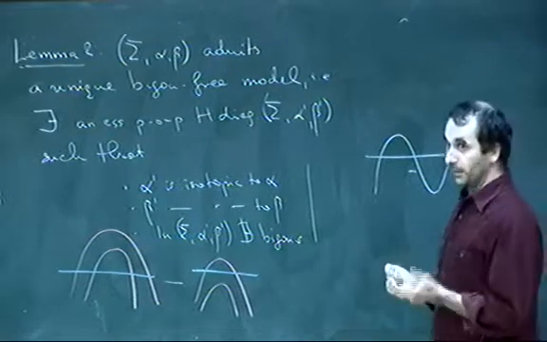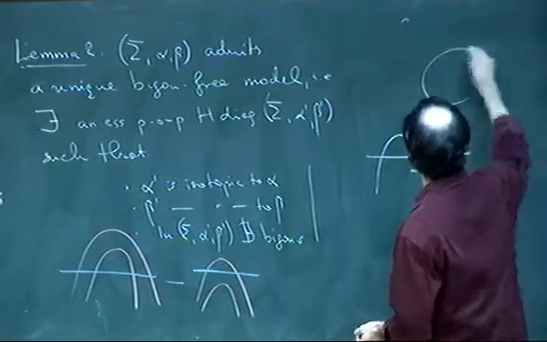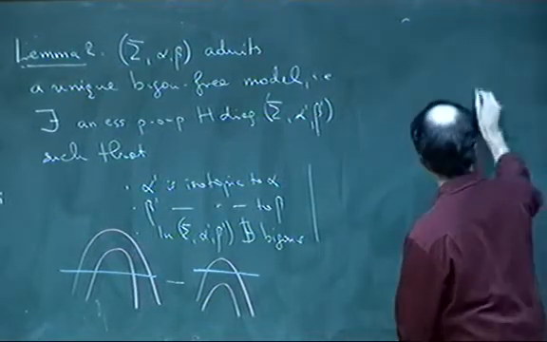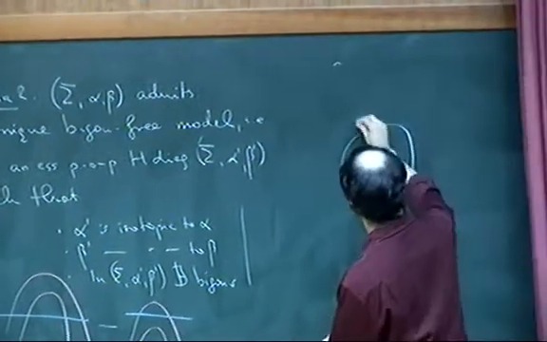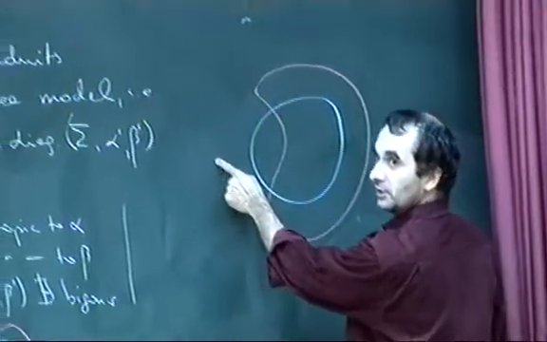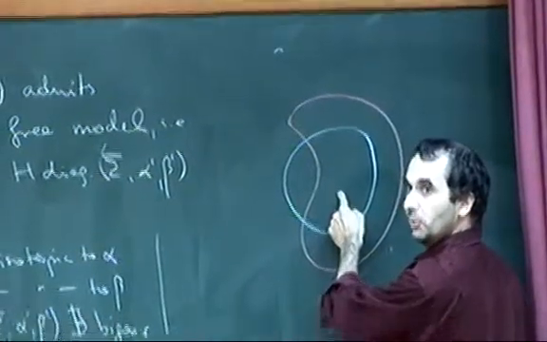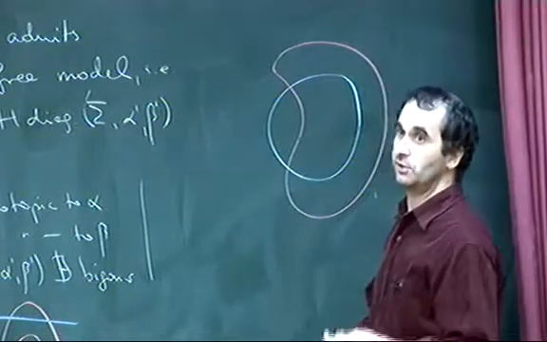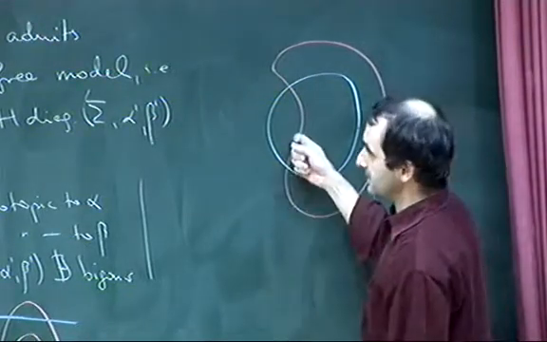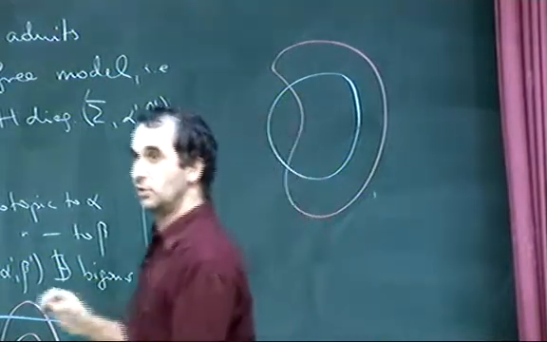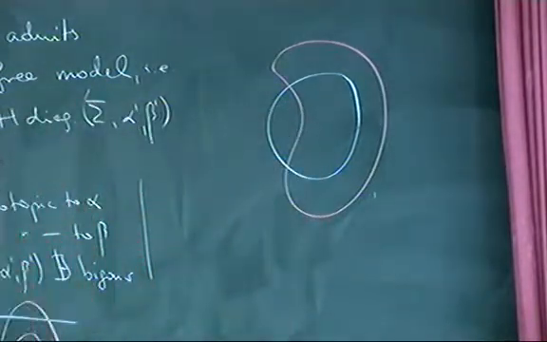The only problem could appear when you have two bigons like this, and then first you move this one to the other side, or you move the blue inside or the blue outside, it will give you two different diagrams. But this is exactly the case when, after isotopy, you will have two parallel circles, and that's forbidden.